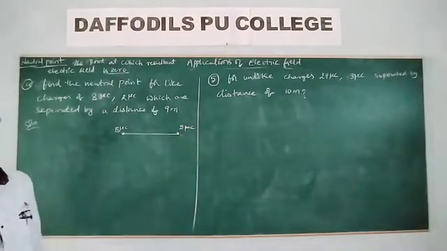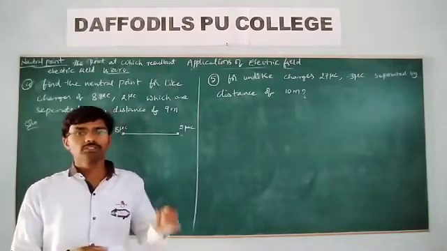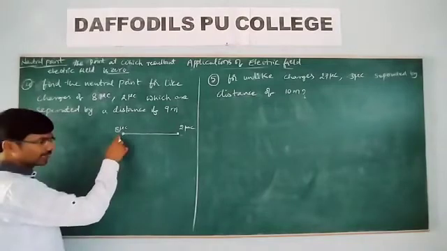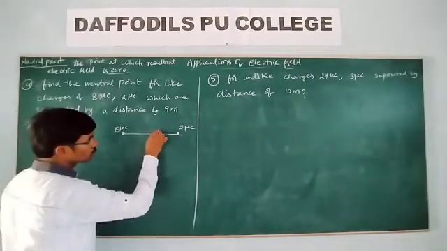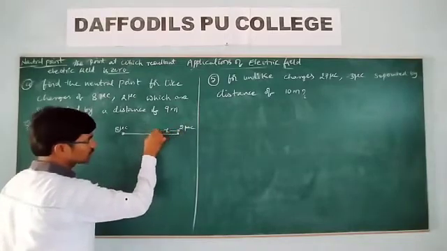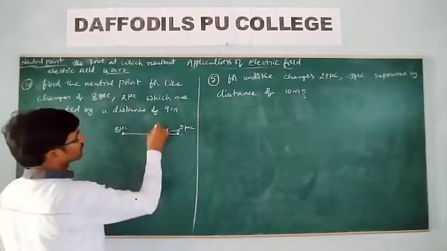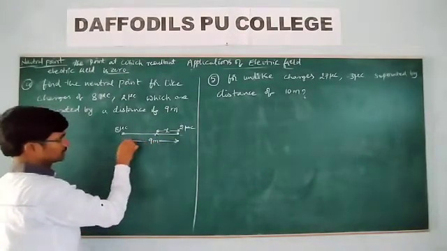And remember, you take the distance of the neutral point from the smaller magnitude of the charge. From 2 microcoulomb you take, because of the small magnitude of the charge, for easy calculation. And the separation is 9 meter. Is it okay?